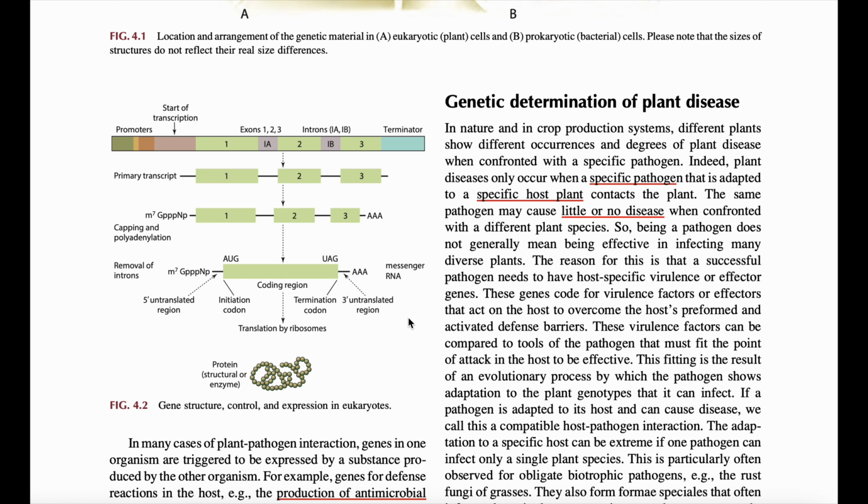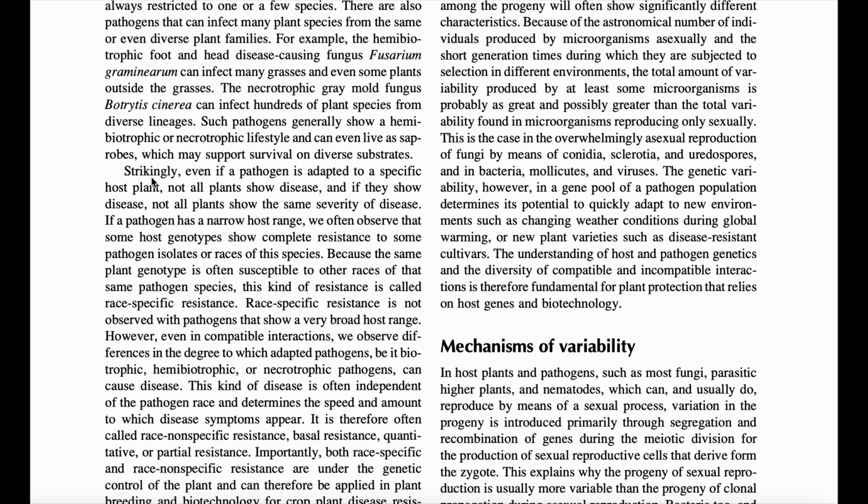If it attacks rice or other crops, solanaceous crops or Fabaceae family crops, there will be no effect on that. Even if a pathogen is adapted to a specific host plant, not all plants show disease. And if they show disease, not all plants show the same severity of disease, right? So they have different severity levels.